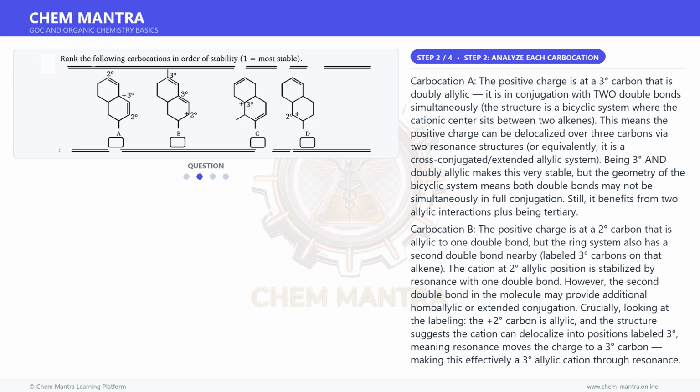Crucially, looking at the labeling, the plus 2 degrees carbon is allylic, and the structure suggests the cation can delocalize into positions labeled 3 degrees, meaning resonance moves the charge to a 3 degrees carbon, making this effectively a 3 degrees allylic cation through resonance. This makes B the most stable, rank 1.